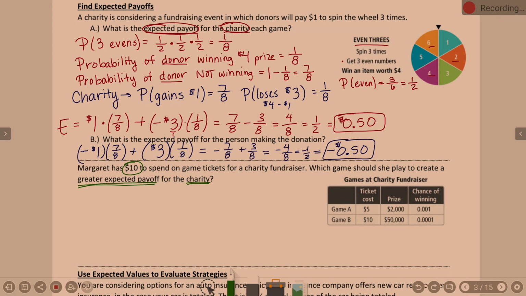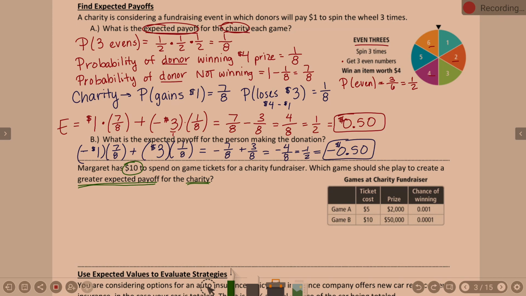What do we have? Game A, ticket costs $5. If you win, it's a prize of $2,000, and your chance of winning is 1/1000th of a chance. Very small chance. Or you can play game B, $10 ticket. If you win $50,000, but your chance of winning is 1/10,000th of a chance, so even less of a chance, which makes sense, right?